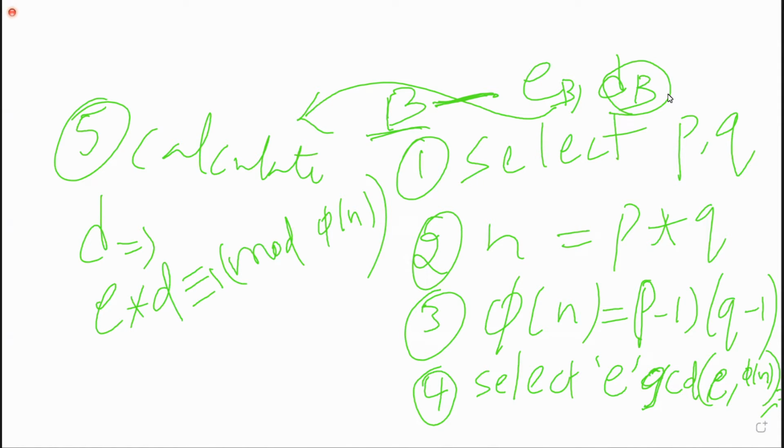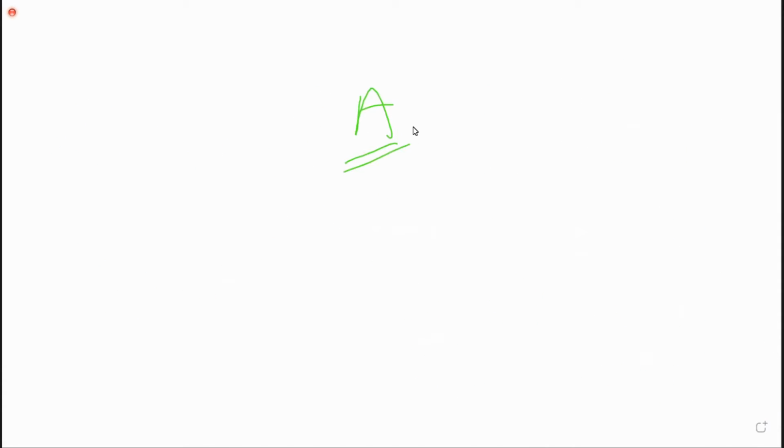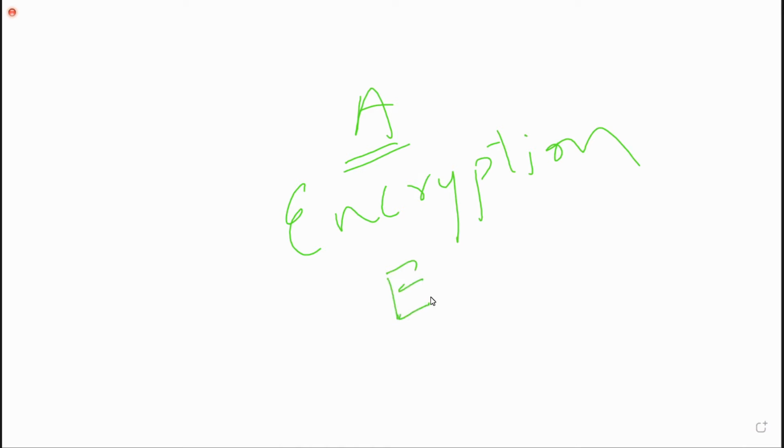Then how is the sender going to encrypt the message? At the sender side, the sender performs the encryption, isn't it? The sender will encrypt the message with the receiver's public key.